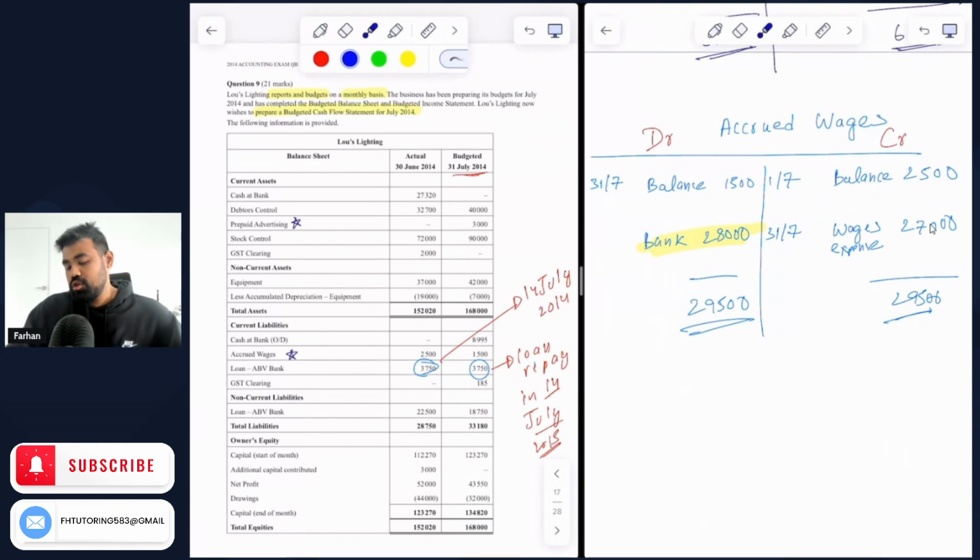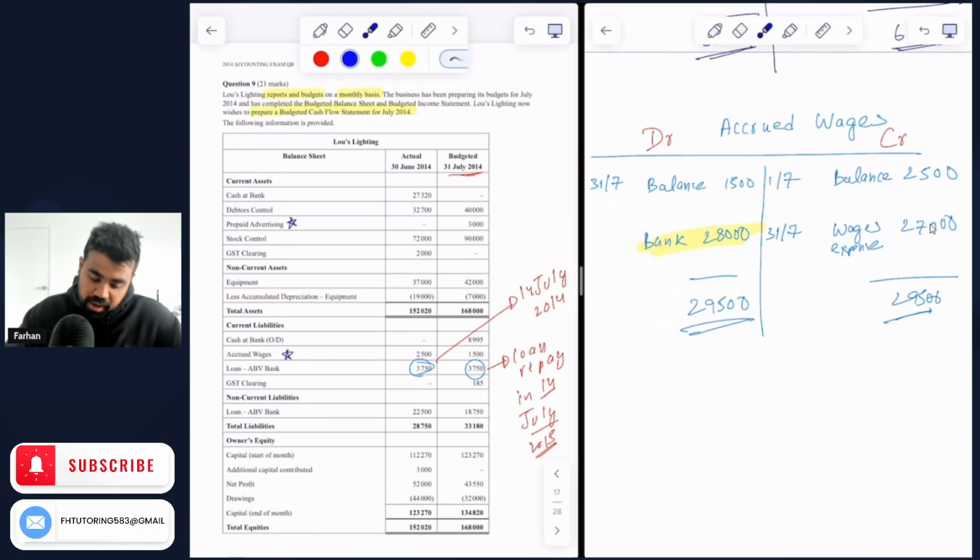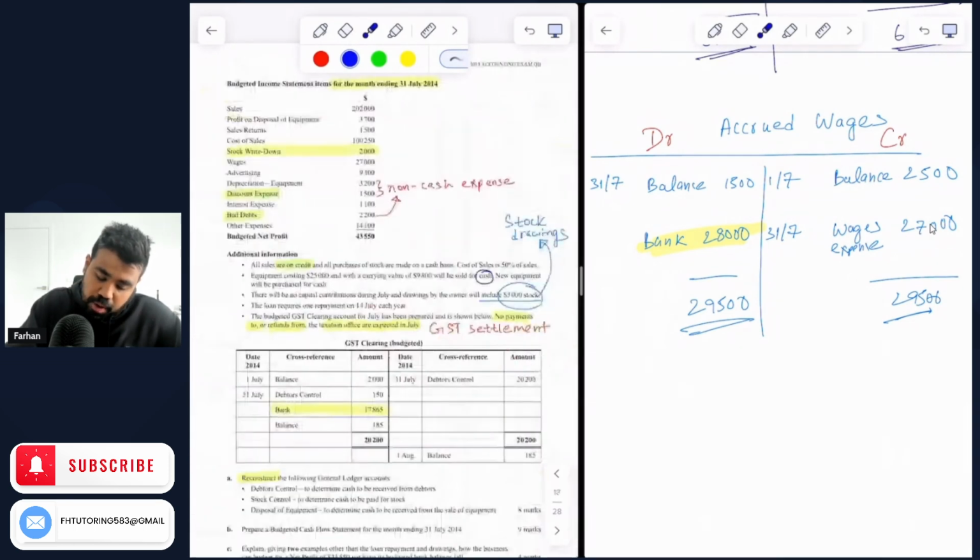Then I've included the wages expense of $27,000 for the period, and that is taken from the budgeted income statement. All right. So I've included that on the credit side. And how does this work if I was to generalize this?